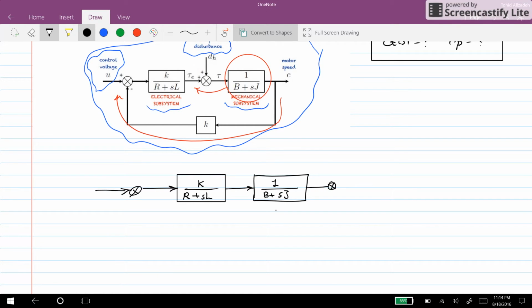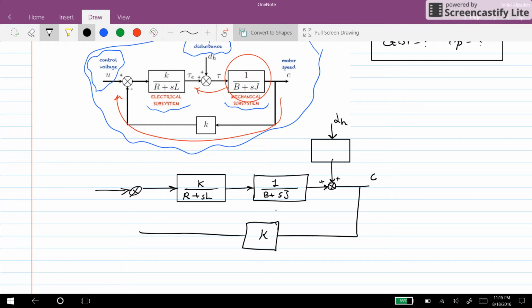Then here we have the summing point with a positive sign for both. Here we have the dH, and if I call this C, we will have this feedback gain of K, and then here we have the negative feedback.